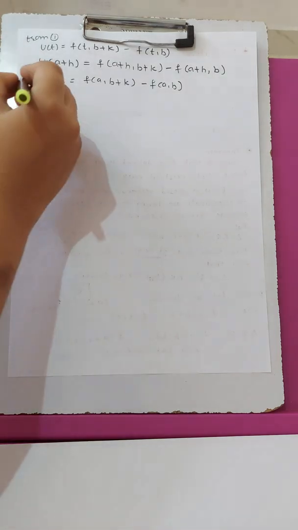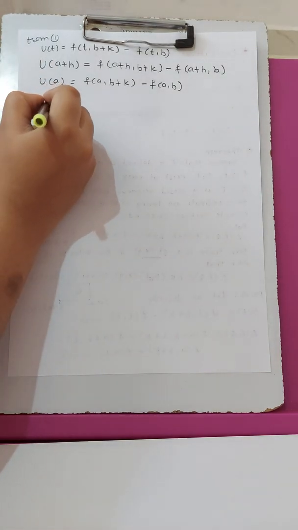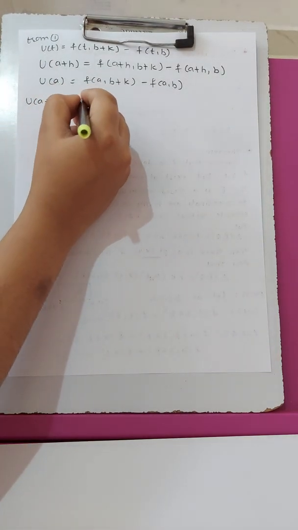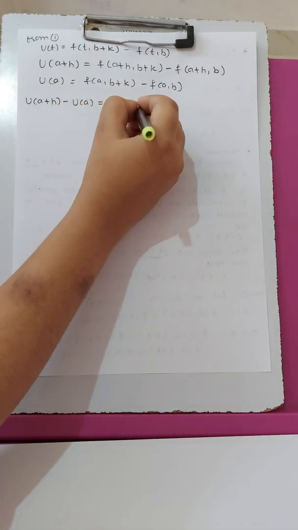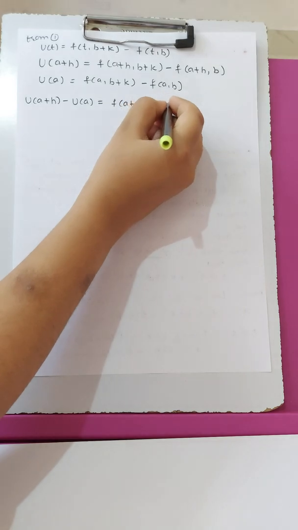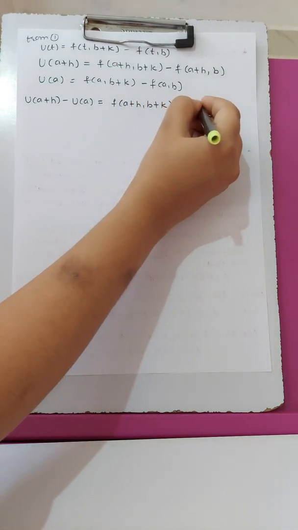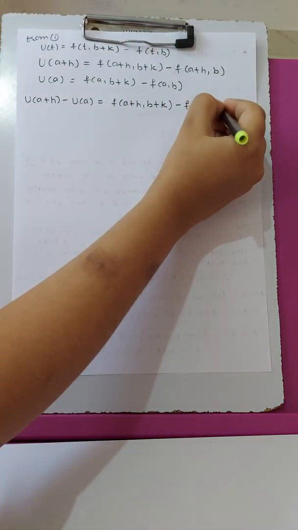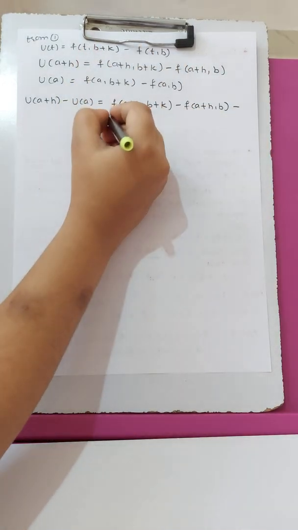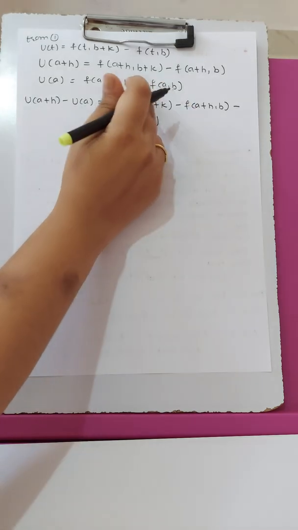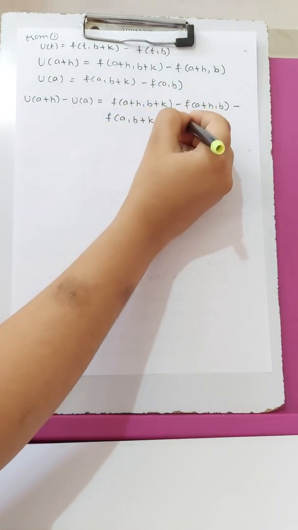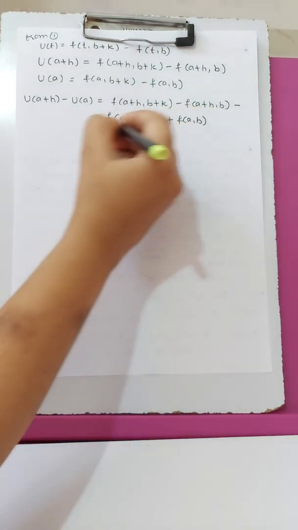Now subtracting u(a) from u(a plus h), we get u(a plus h) minus u(a) equals f(a plus h, b plus k) minus f(a plus h, b) minus f(a, b plus k), the sign will change here, plus f(a, b).